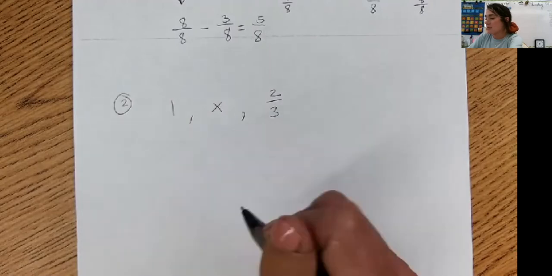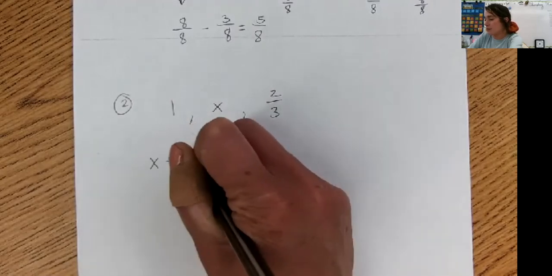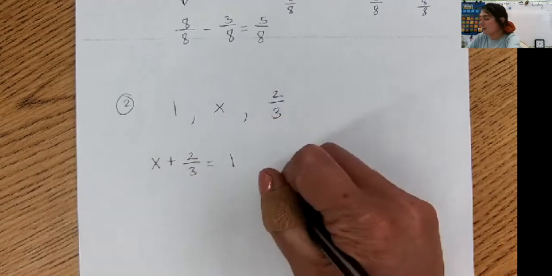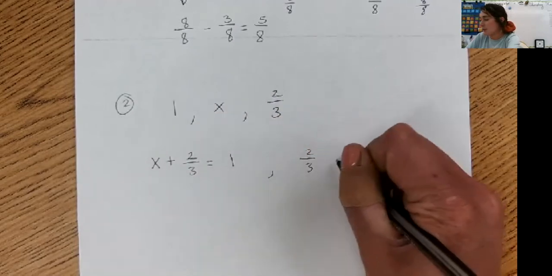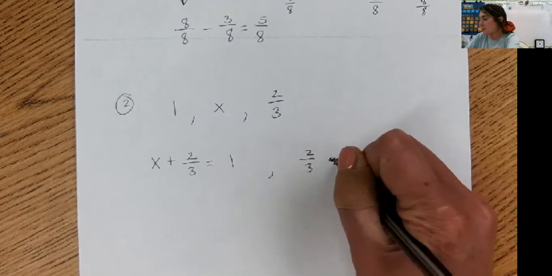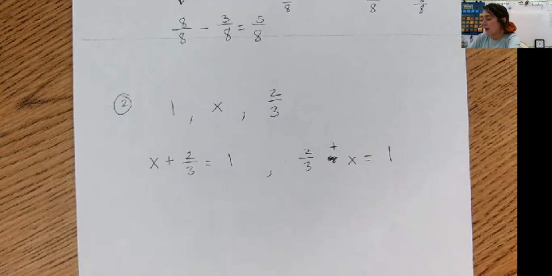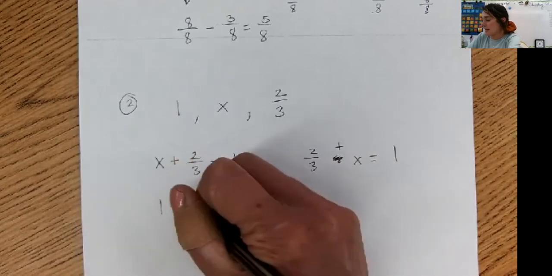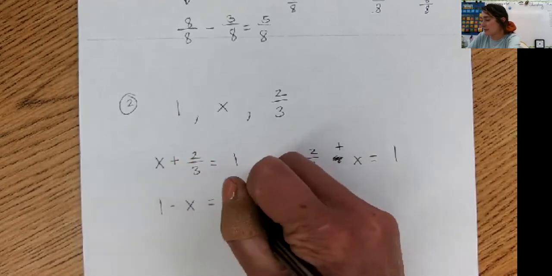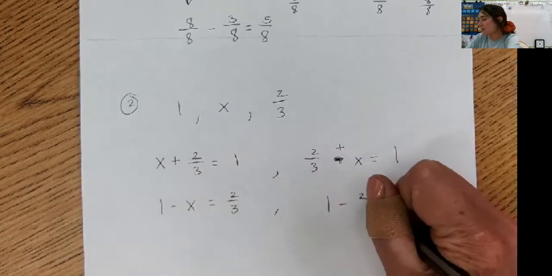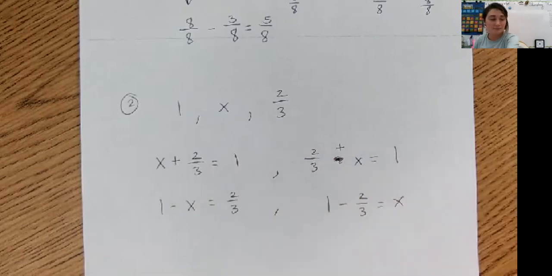My first addition problem would be x plus 2/3 equals 1. I can also do 2/3 plus x equals 1. I can do 1 minus x equals 2/3. And I can also do 1 minus 2/3 equals x.